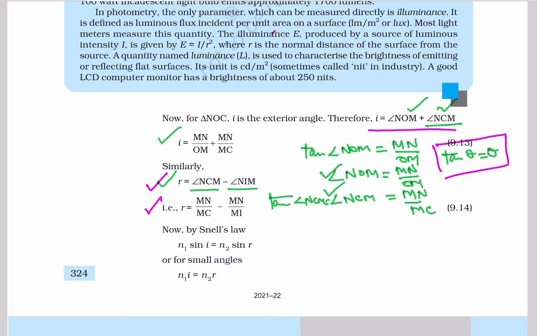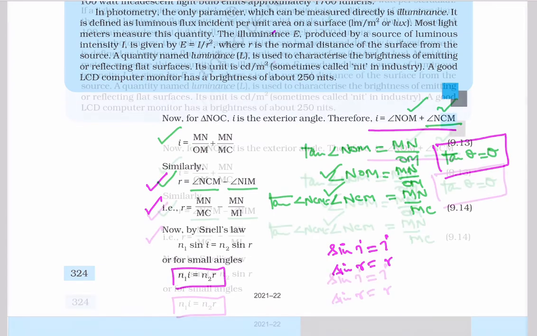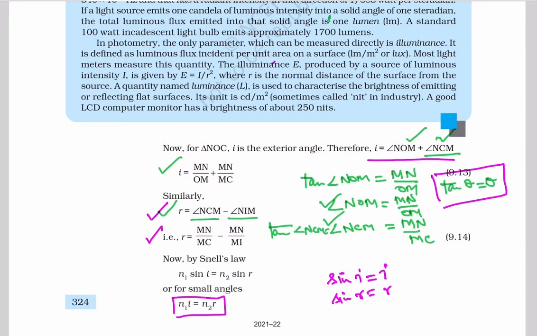Now by Snell's law, we know that N1 sin I is equal to N2 sin R, where N1 and N2 are the refractive indices of the two media, and for small angles sin I is equal to I and sin R is equal to R. Therefore, N1 I is equal to N2 R. Now we will substitute the values of angle I and angle R in this relation from equation 9.13 and equation 9.14.